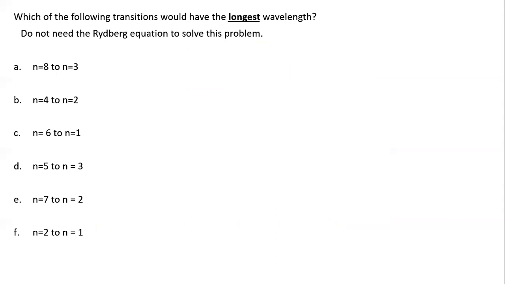We want to know which of the following transitions would have the longest wavelength. So very quickly, what we need to remember is that there are 3 types of transitions. I'll start with the Lyman, which is UV, the Balmer, which is visible, and the Paschen, which is IR.